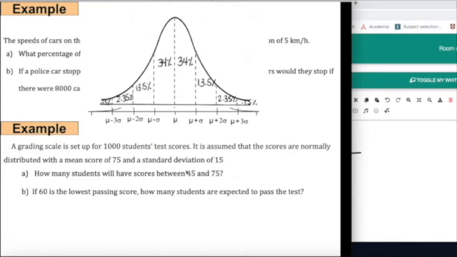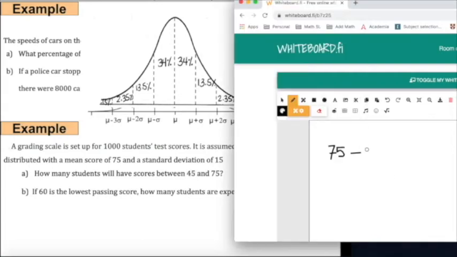Well, 45 means 75 minus 30, so that's 2 standard deviations away. Sorry, the standard deviation should be 15. So 45 is 2 standard deviations away from the mean, and that should be located over here.